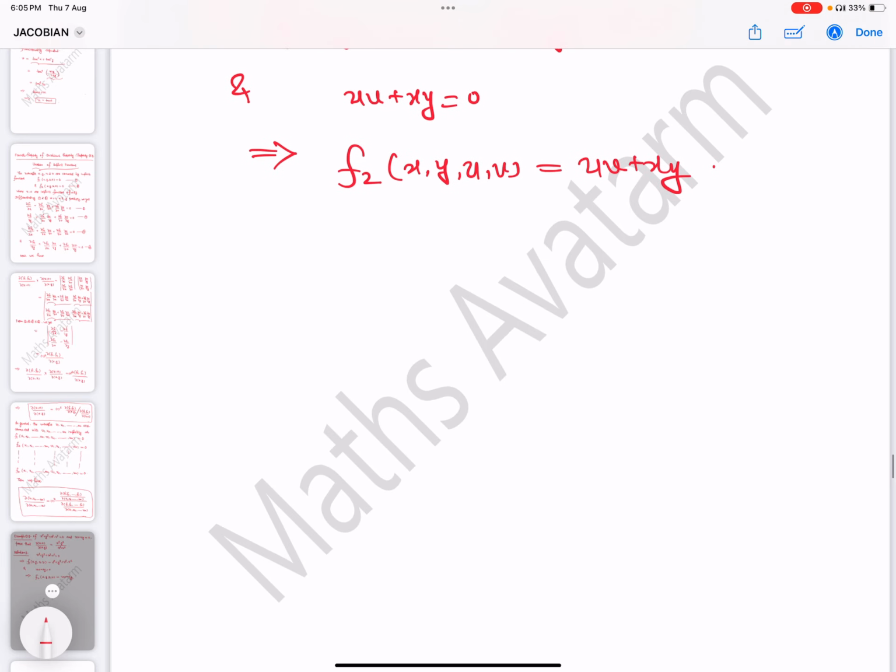Now, what is del f1, del f2 with respect to xy?